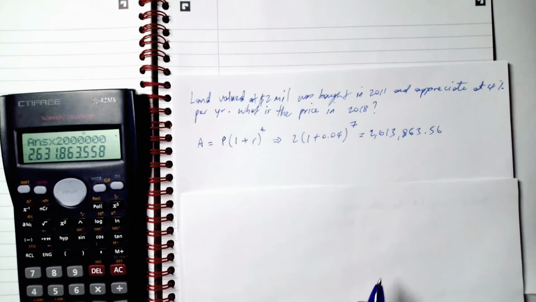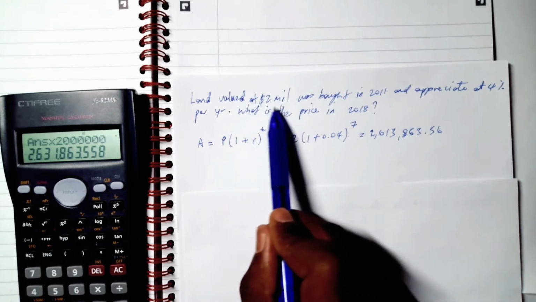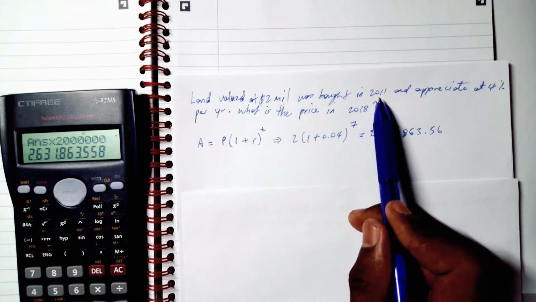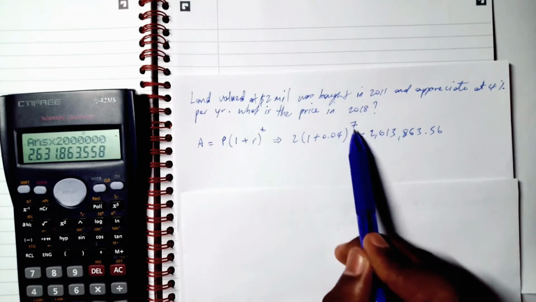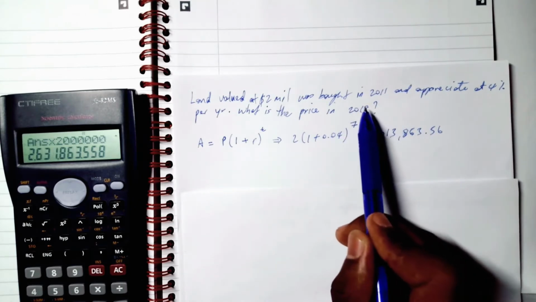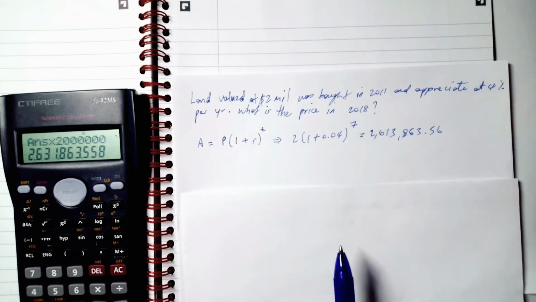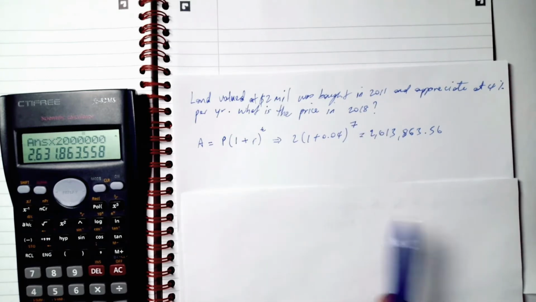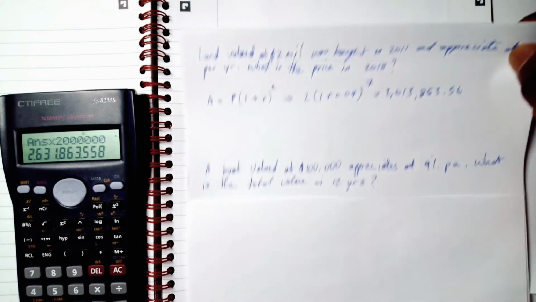So the price of our land moved up from 2 million in 2011 to 2.6 million in 2018. All right, so that's a nice asset right there. Let's move on.